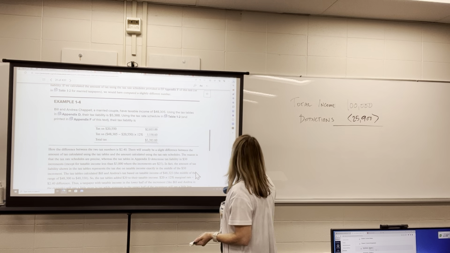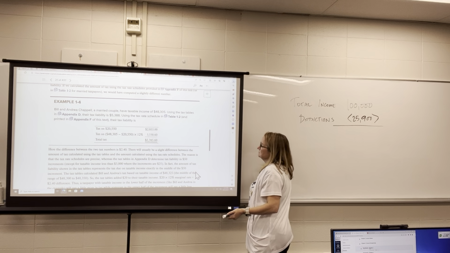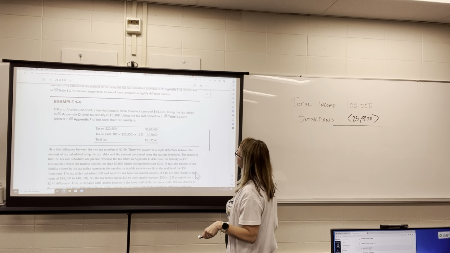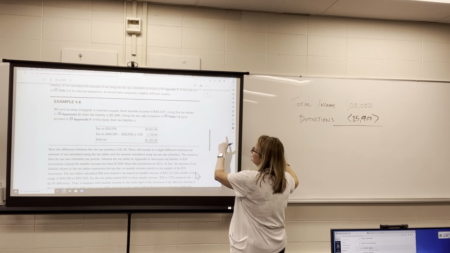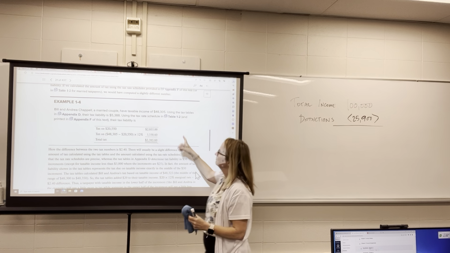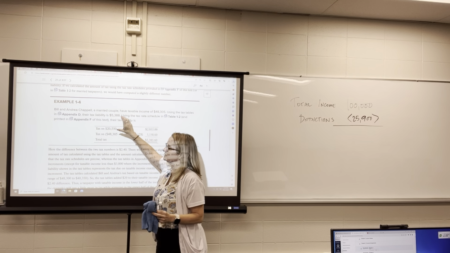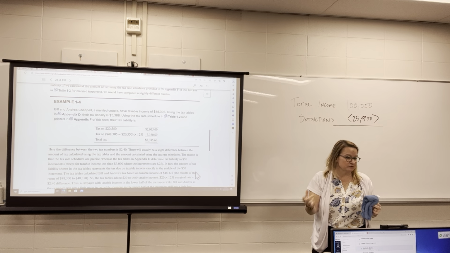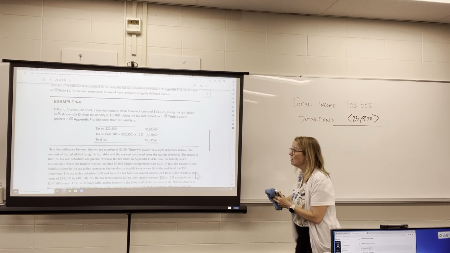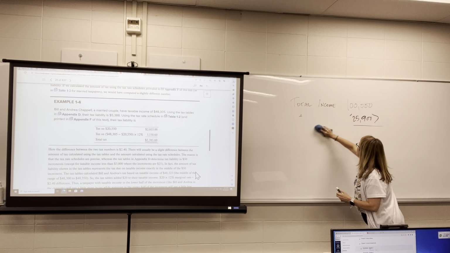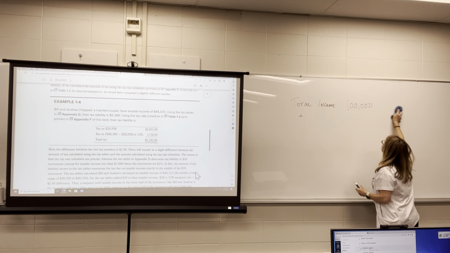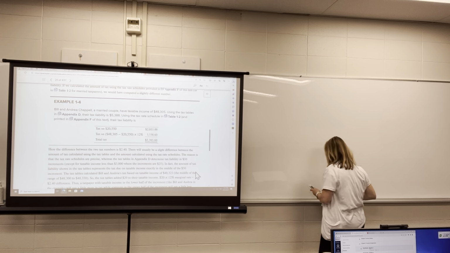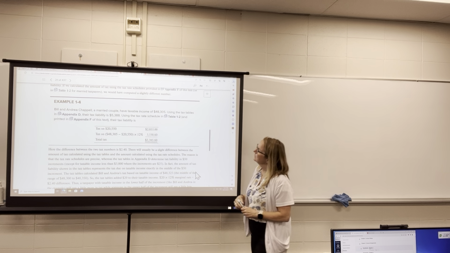They have taxable income, so it's after deductions, of $48,305. They want you to determine their tax liability using both the tax table and also do the calculation to see what the difference is. We did some of these on Tuesday. We can go ahead and go through this one more time just to give you a reminder of how it works.